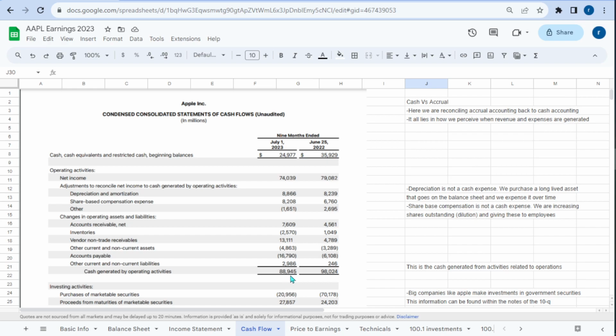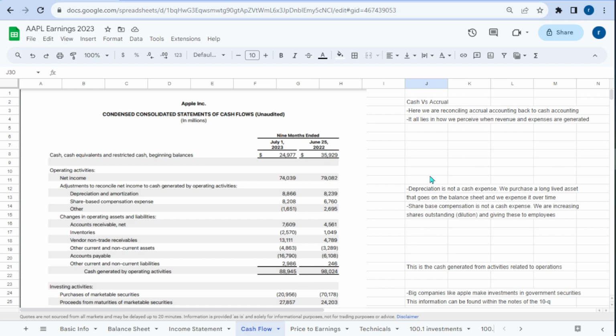So they're making quite a bit. Definitely something that is pretty impressive in my opinion. This is why Apple is so highly sought after, because they are just making so much money. I mean, literally look at that. $88.945 billion. That's a lot of money.